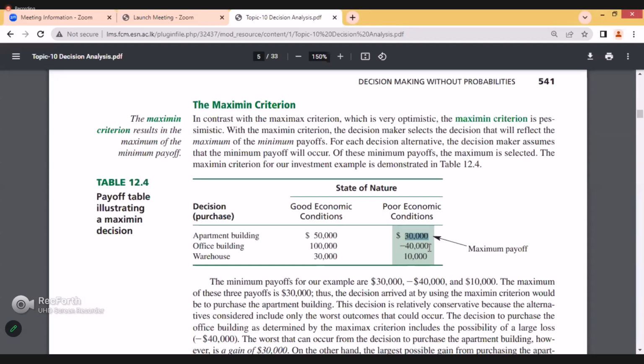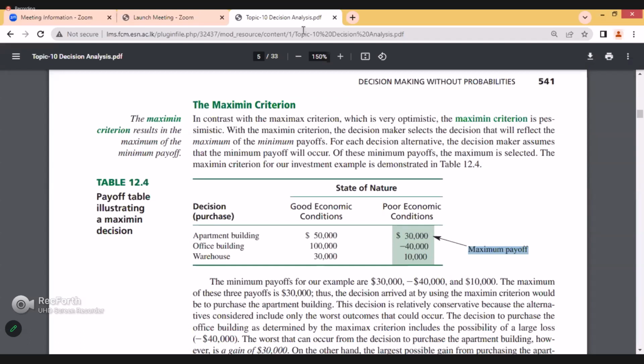Second one, the minimum is a loss, 40,000. Third decision, warehouse, the minimum is 10. Out of all these minimum values, what is the maximum? 30,000. So that is the decision according to the maximin criteria. 30,000 is the maximum payoff according to this maximin criteria.